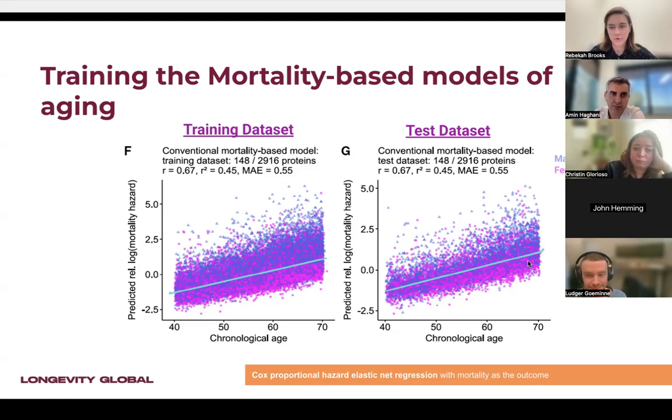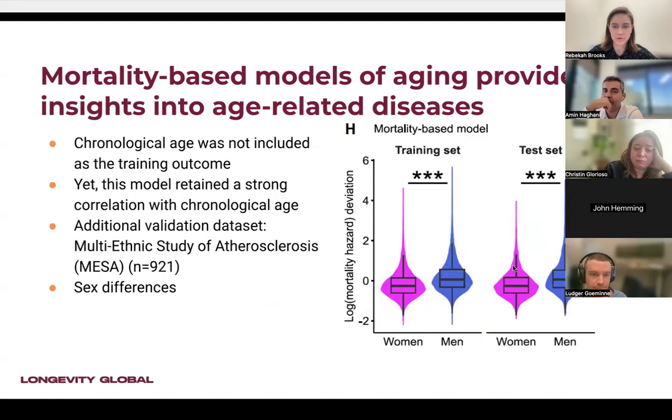Even here you can start to appreciate the sex differences with male and female patients, and that's shown even more clearly here. For the mortality-based model, where chronological age wasn't included, there was still a strong correlation between the predicted and the chronological age. They also saw sex differences with the mortality-based model.